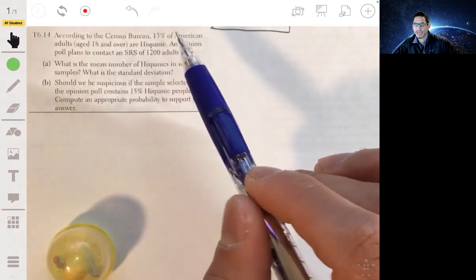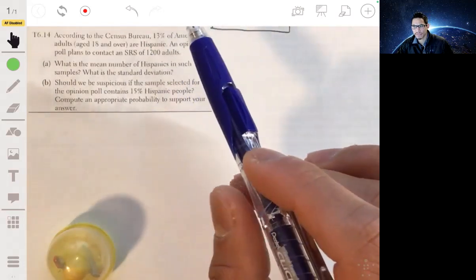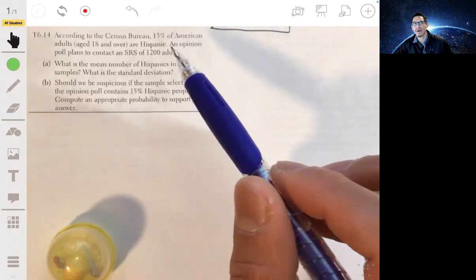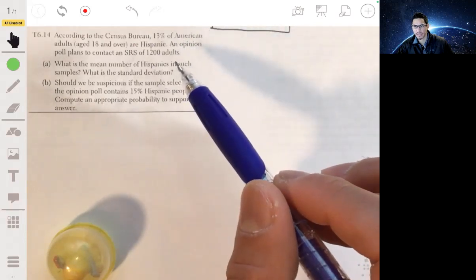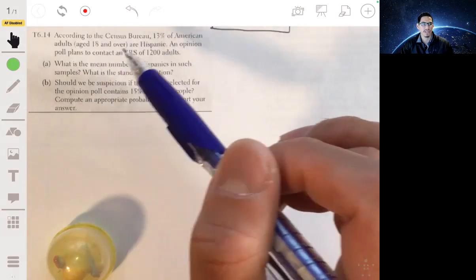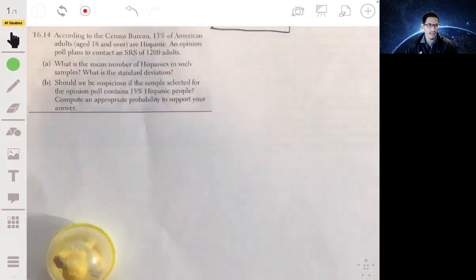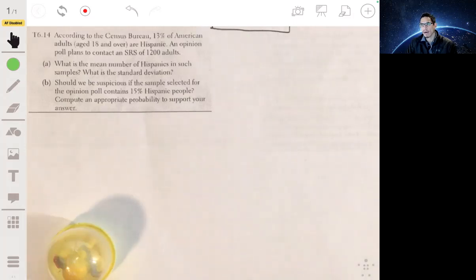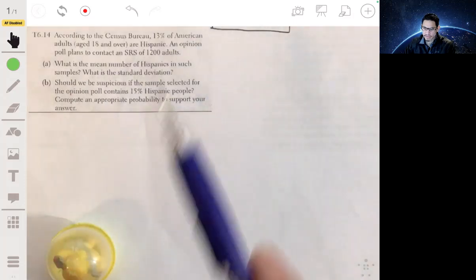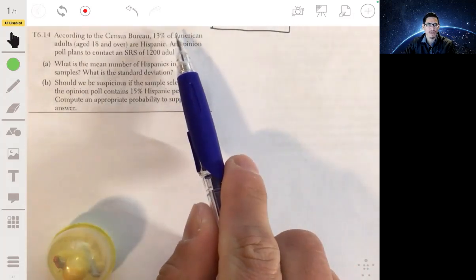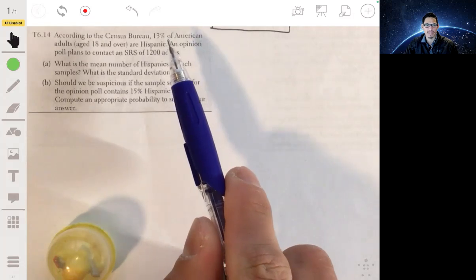Okay, so here we're going to use the formula for the mean of a binomial distribution, because if you pick someone at random from a population, they're either going to be Hispanic or they're not, with a 13% chance of being Hispanic, or an 87% chance of not being Hispanic.